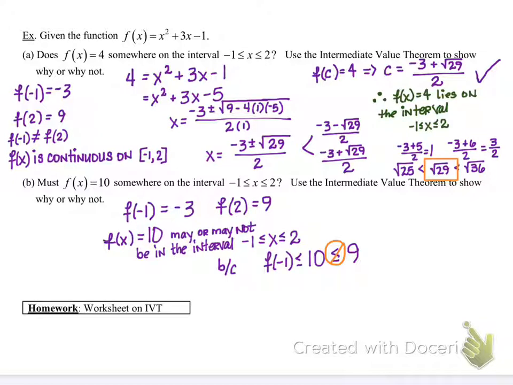In other words, f of -1 is less than or equal to 10, but that is not less than or equal to f of 2. And, oops, there we go. Okie dokie.